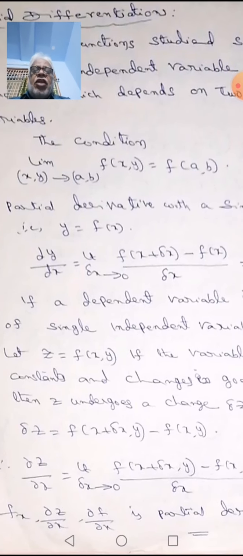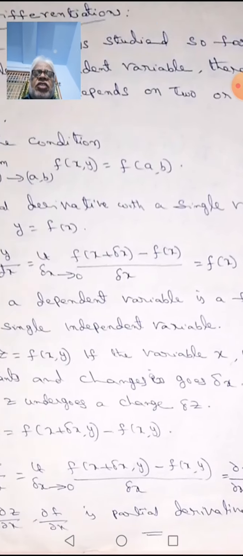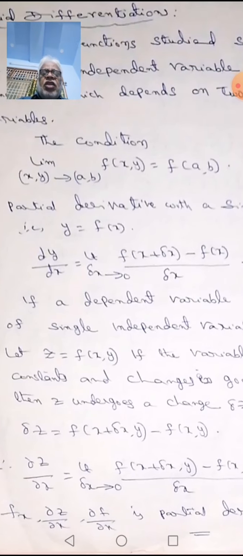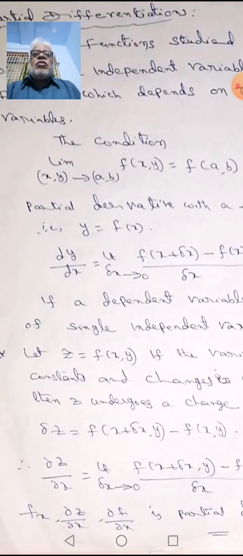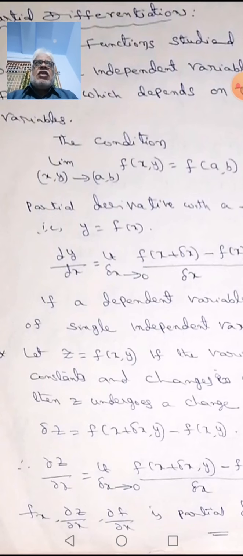If a dependent variable is a function of a single independent variable, generally the variables we take are x, y, z, t terms. But in partial derivatives, suppose z is equal to f(x, y), which means the function is in x and y terms.